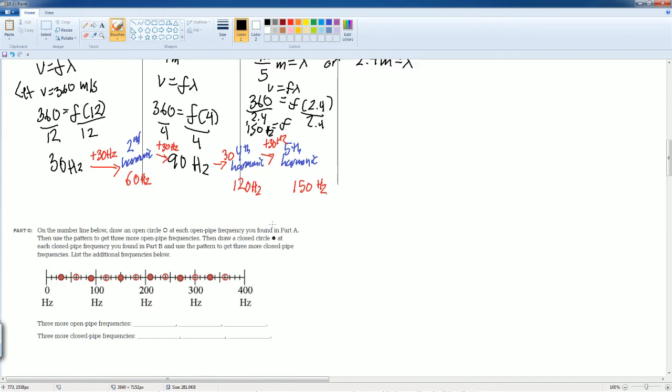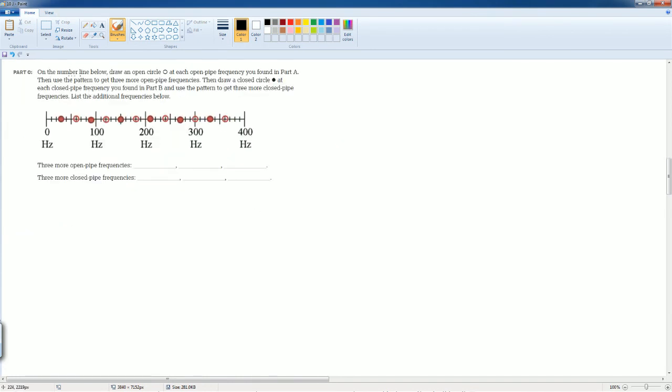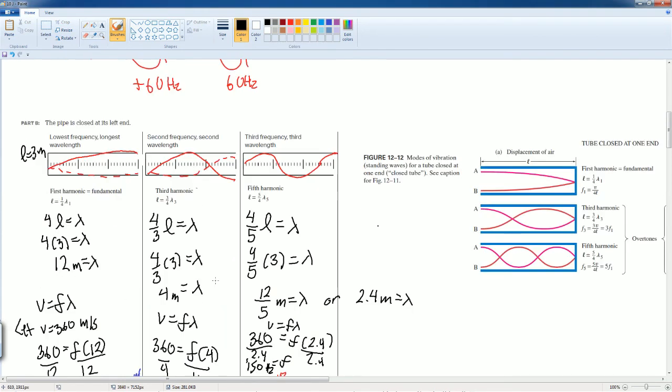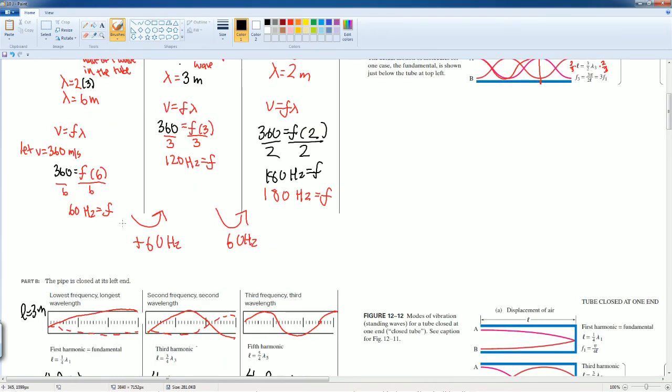Okay, all right. So here on the number line, draw an open circle at each end of the pipe you found in part A. Then use the pattern to get more open pipe frequencies. Well, we already know that. Do you see how you add 30 hertz to each side? So the next one, you're going to add another 60 hertz.